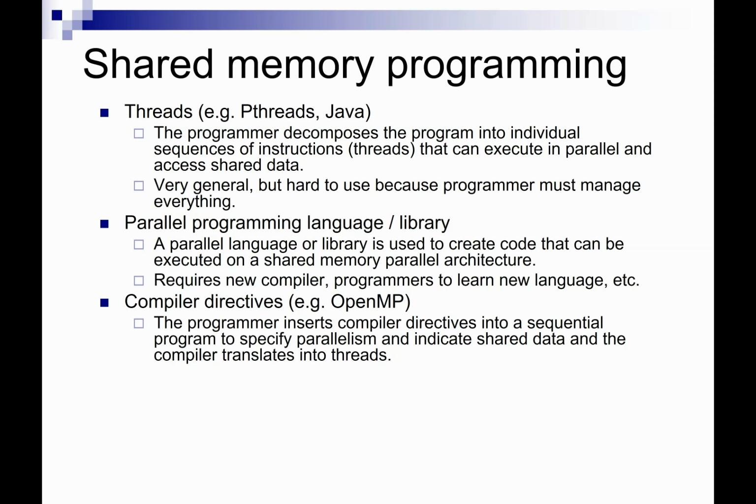So really, the programmer doesn't need to learn all that much in order to write parallel programs. You can also get very good performance, and it's somehow easier to design a compiler for something using compiler directives than for a completely new parallel programming language, for example.